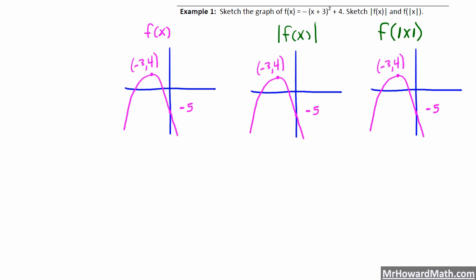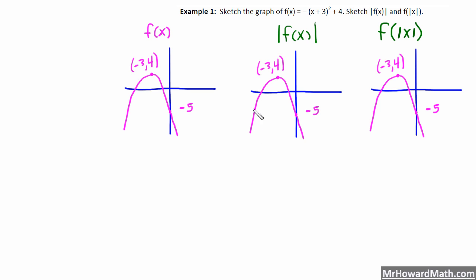Let's start with this one. This is our original f of x, and remember that for the absolute value of f of x, the absolute value of the whole thing, we view f of x just like y. So all of our negative y's need to be reflected over the x-axis.